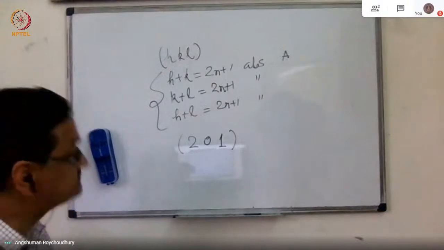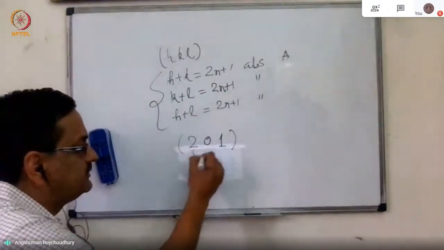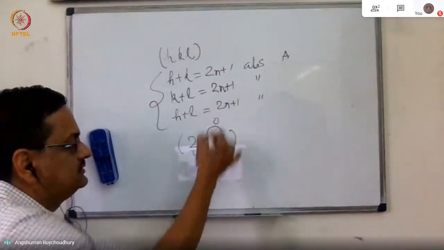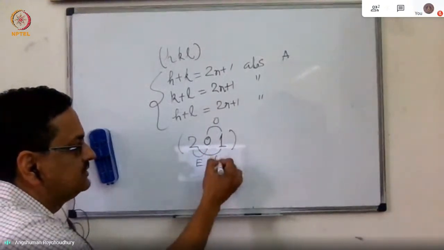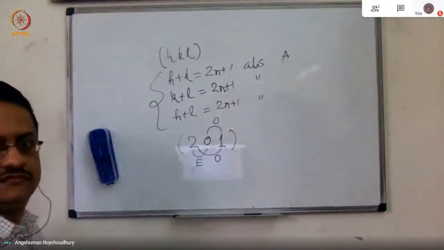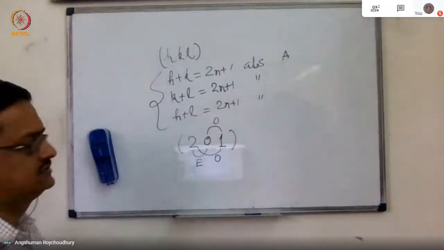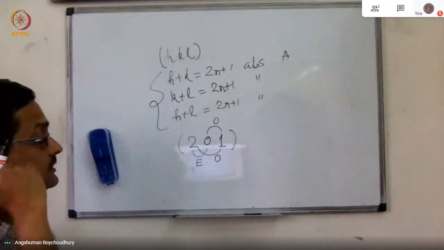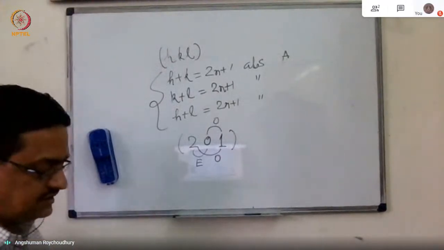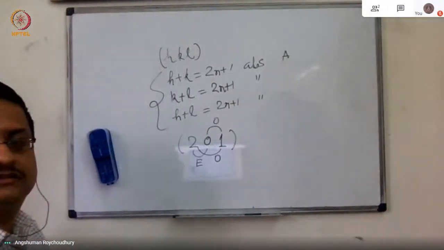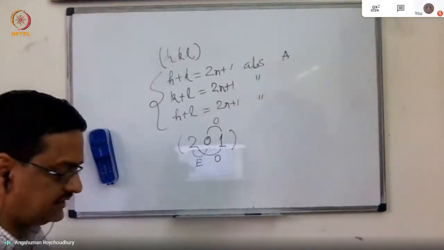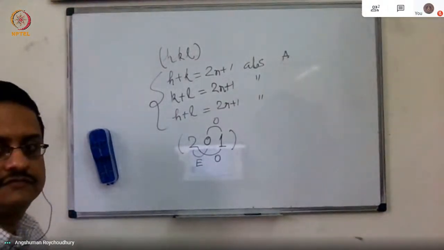So that means here the sum is even, this sum is odd, and that sum is odd. So not all the three sums are odd. So this reflection is systematically absent. So then what is present? All even and all odd reflections are the reflections which are present. Okay?